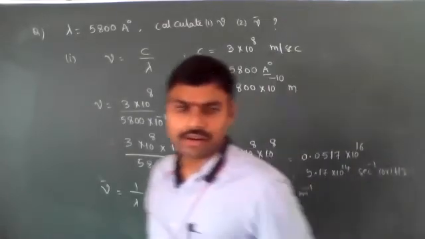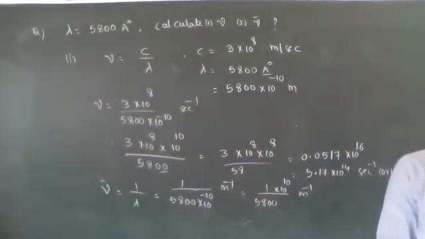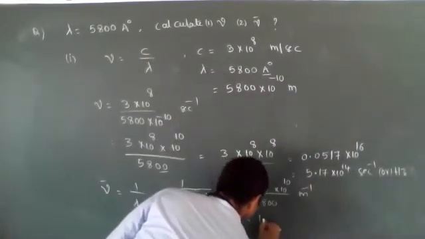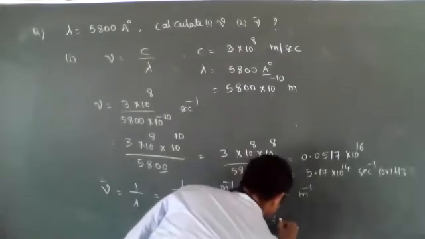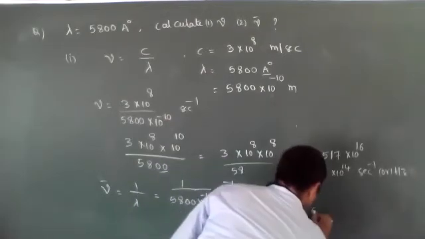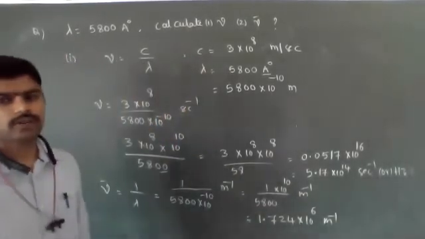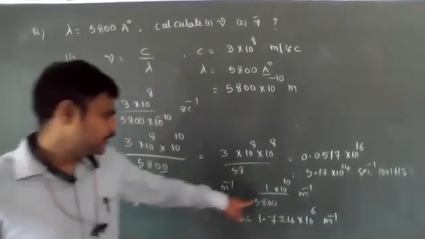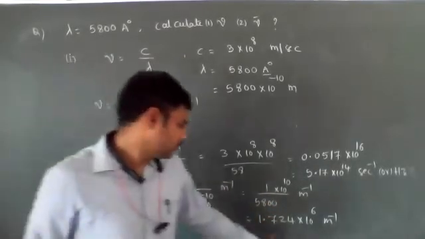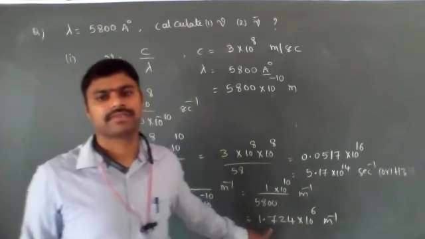Then 1 by 5800 you have to simplify, and we will get approximately 1.724 into 10 to the power of 6 meter inverse. Addition, multiplication and division we need to observe very carefully. The value comes in this range, 1.724 into 10 to the power of 6 meter inverse.